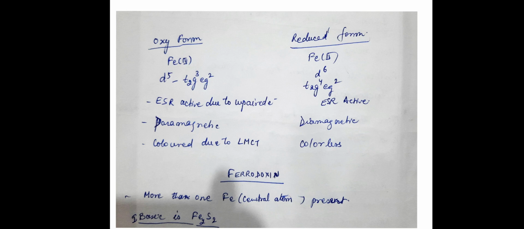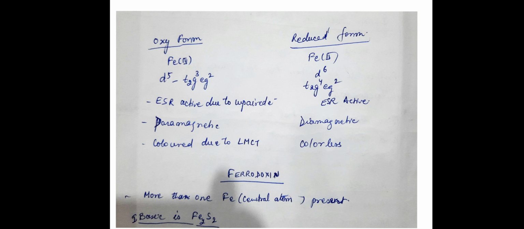But if we take ESR, electron spin resonance, of these two types of protein, we see that it is ESR active due to the unpaired electron present in the d5 orbitals according to the molecular orbital theory.